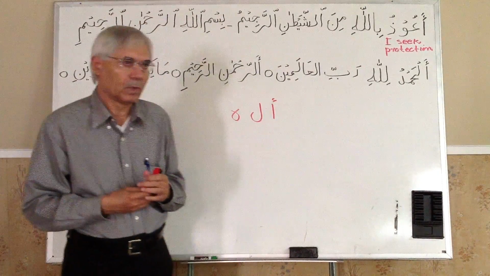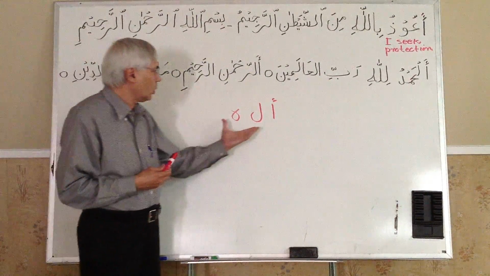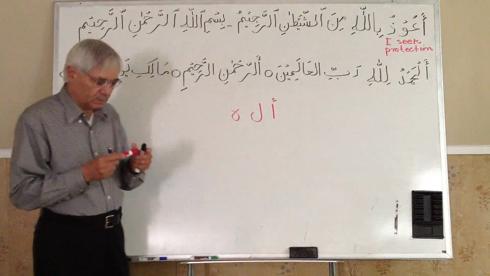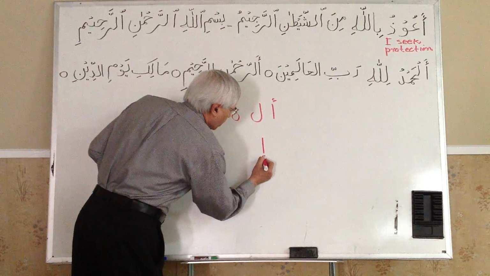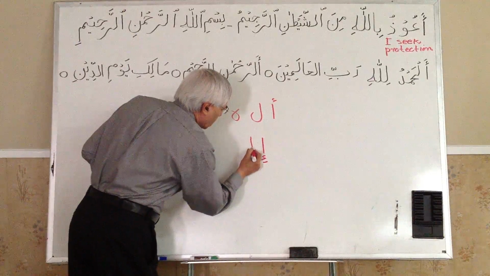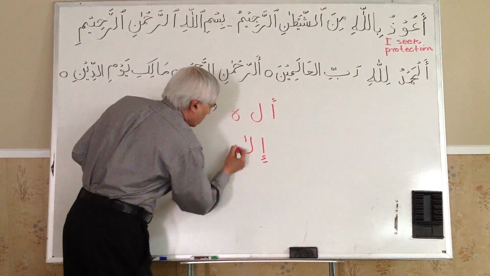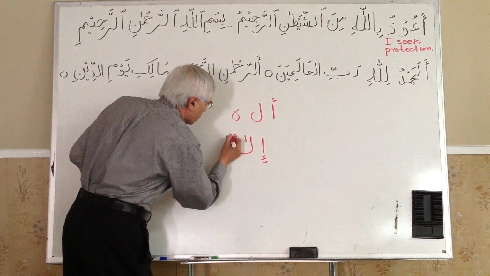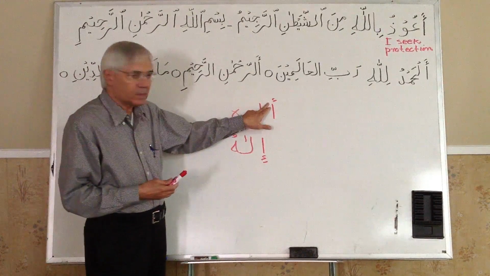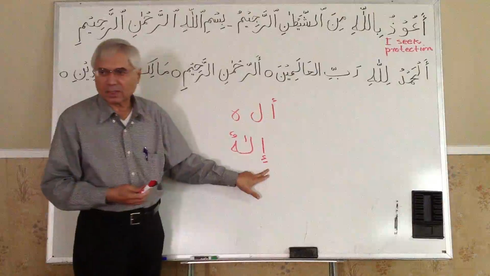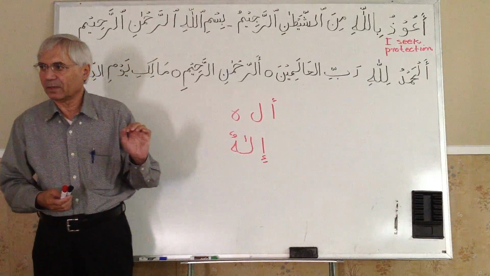So if I take these 3 letters and write down this way, E, La, Hun. I took the first letter and put a kasra there, so it sounds like E.